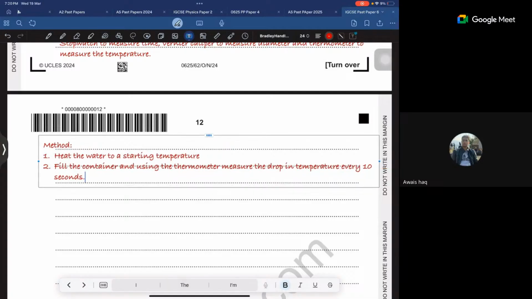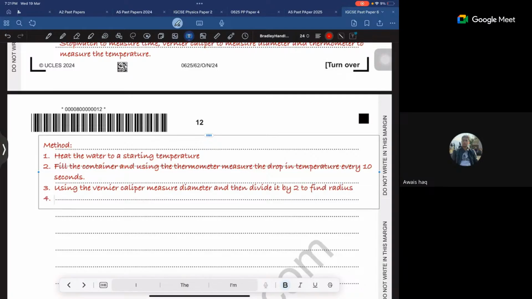Then what you do, using the vernier caliper, we will write that at the end one by one. Okay, using vernier caliper, measure diameter, and then divide it by 2 to find radius.